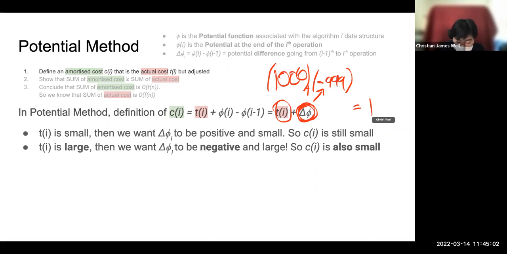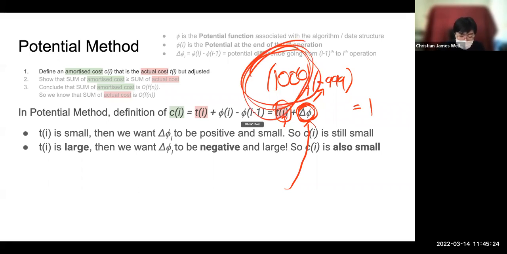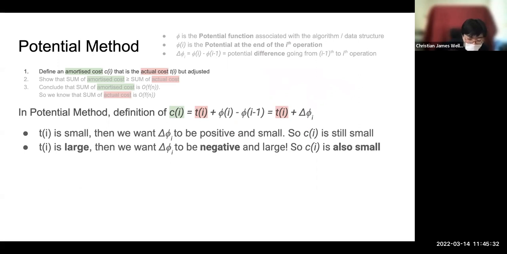So this potential difference keeps track of the potential such that when you do the expensive operation, you suddenly drop to a very low potential. You make use of the potential you have built so far in order to pay for this expensive operation. The goal here is that at the end of the day, I want the amortized cost to be small, regardless of what t_i is. That's the goal of potential methods.